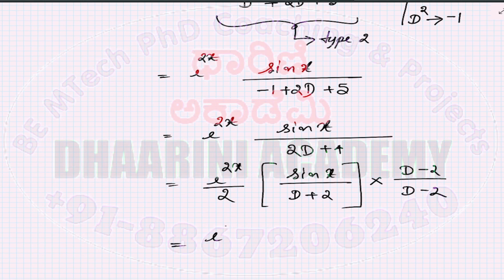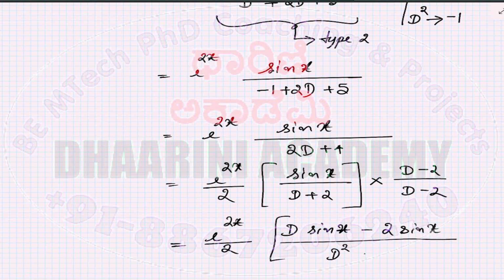We observe that this e^(2x)/2 looks like a constant for us, so we'll keep it out and then we'll multiply. That is, there is D into sin x minus 2 times sin x, whole divided by D² − 4. Once again, my substitution is going to be to replace every D² by −1.